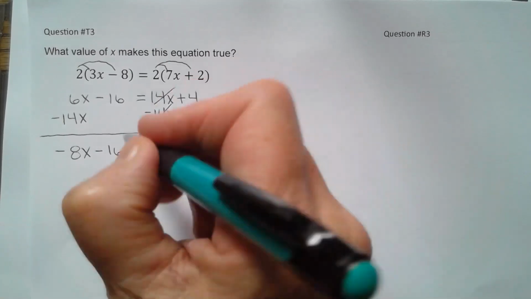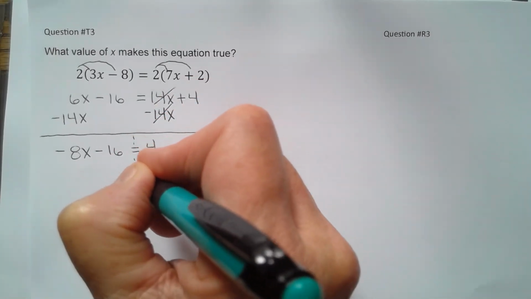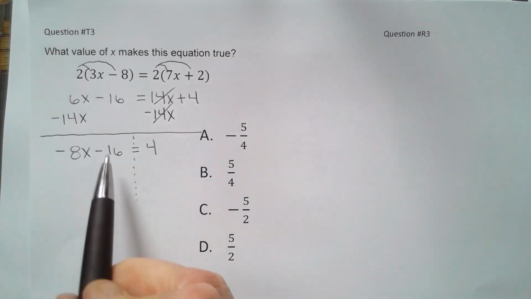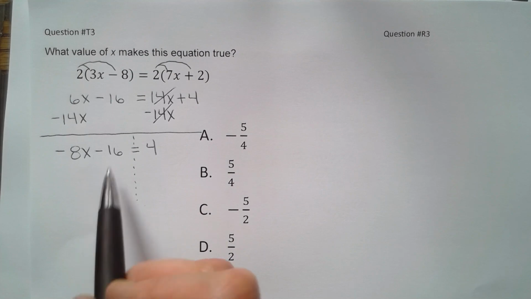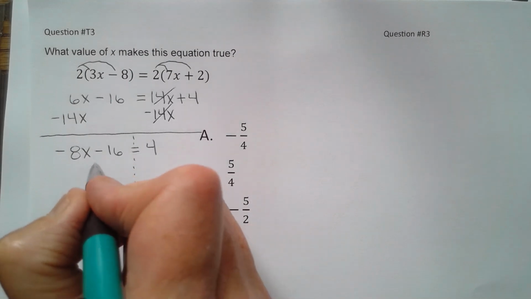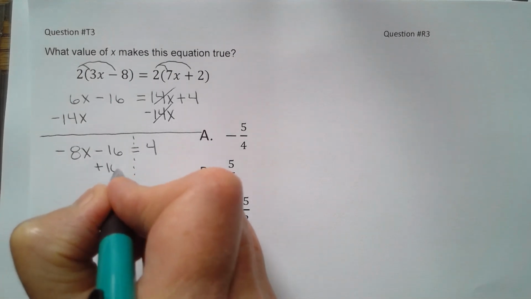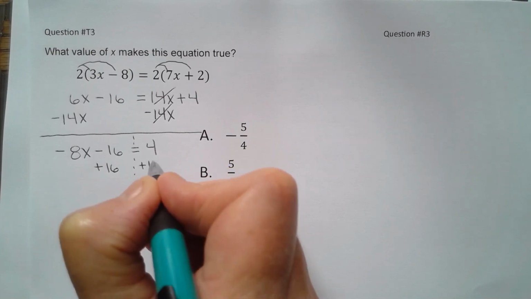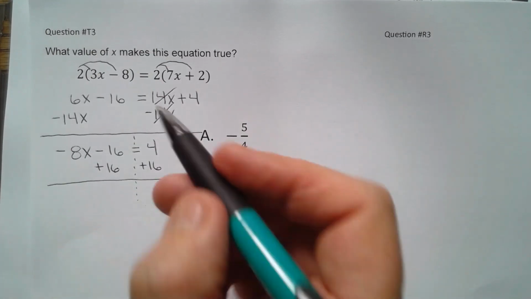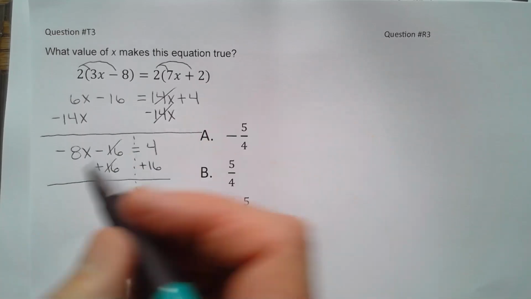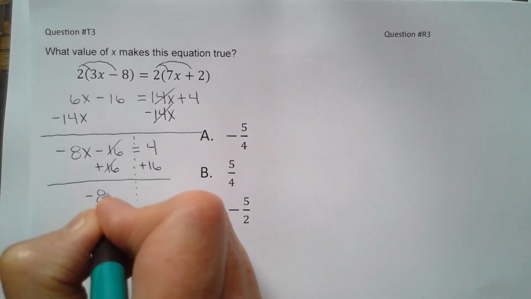I now have a two-step equation. So I want to get rid of the 16. It is subtracted. The way I get rid of that, if it's subtracted, is I'm going to add 16 to both sides. Bring down negative 8x.